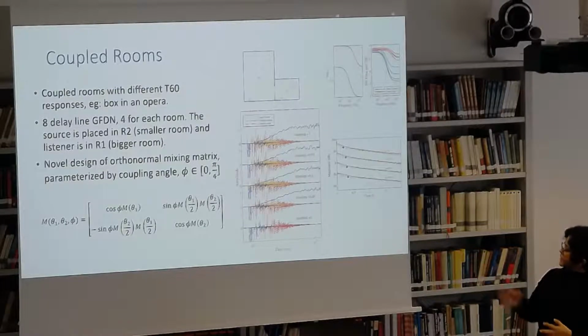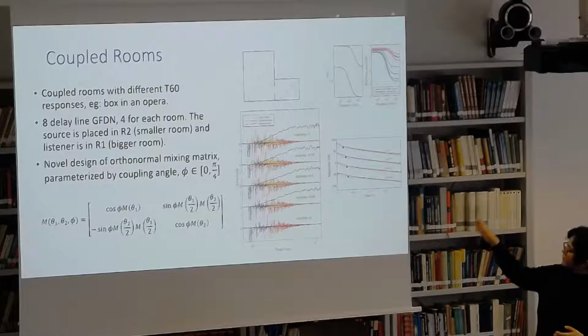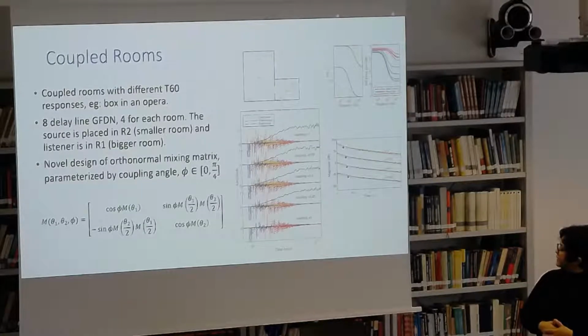In this plot, I show the effect of increasing the coupling from 0 to pi by 4. So coupling equals 1 indicates a coupling angle of pi by 4. I also plot the 2 separate impulse responses and the coupled response in yellow, and the normalized echo densities, which is the rate of increase of the echo density.